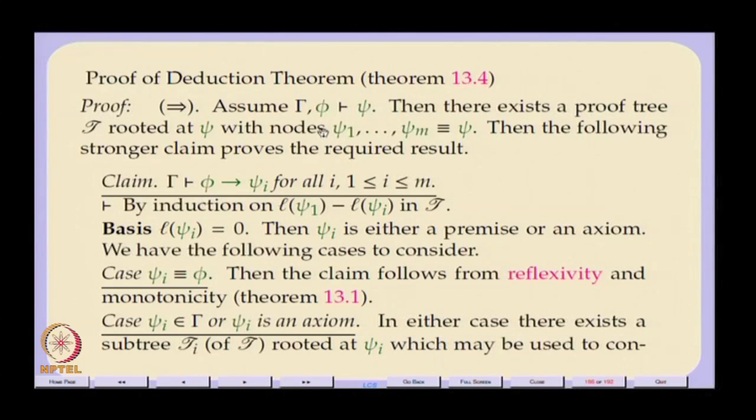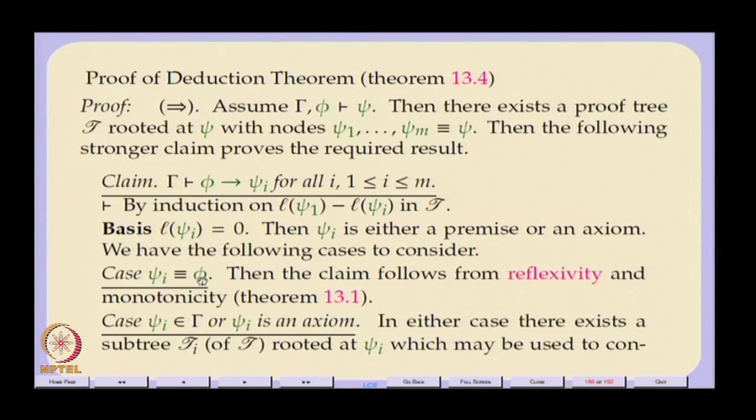One is that this psi I belongs to gamma, or it is the same as phi, or third, that it is an axiom. We can separate out the case when psi I is phi from the other 2 cases.